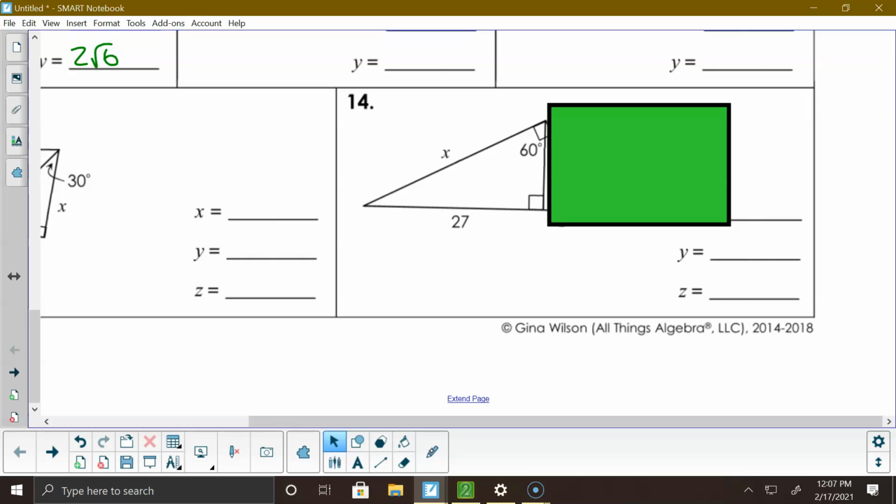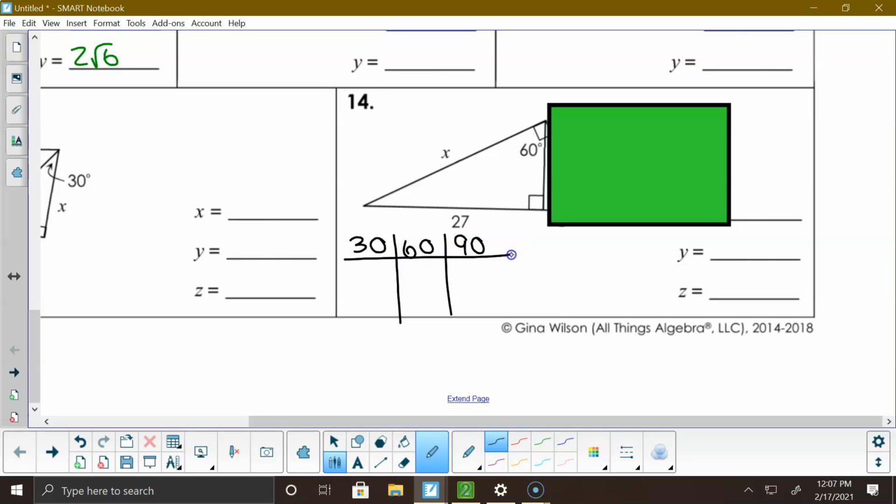All right. So, I have this lovely little 30, 60, 90 triangle. Make your little table. 30, 60, 90. So that 27, is that my 30, my 60, or my 90? 60.